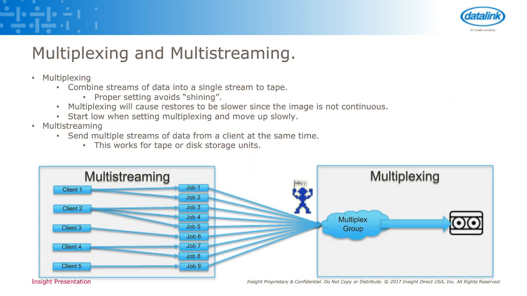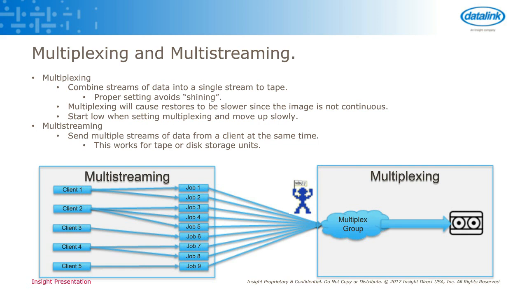So let's move into multiplexing and multistreaming, and this is exclusively for tape, for the multiplexing side of it. Multiplexing is combining streams of data into a single stream to go out to tape. This is a great way to push your tape drives, as the newer generations of tape can write a lot more data a lot faster.